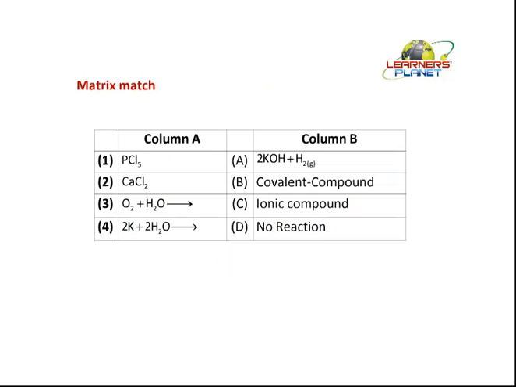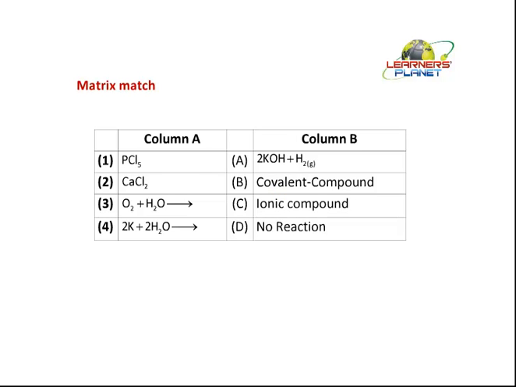Here we have got a matrix match. Let's start with the first, PCl5. What are the options here? Covalent compound, KOH. This first option is out of question. Second is a covalent compound. So your PCl5 is what? It's a covalent compound. So what would be the answer to the first?